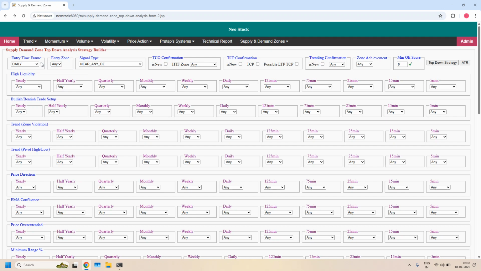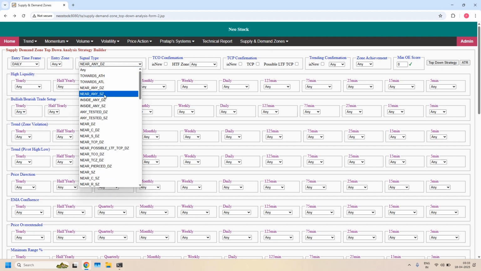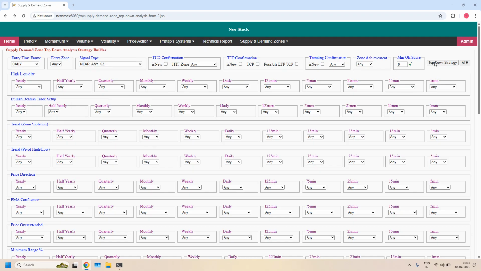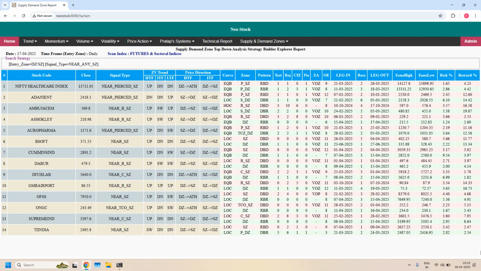Next, for entry time frame daily, let us find the stocks near to the daily supply zone. We got 14 stocks. Let us identify high liquidity daily supply zones from this list. Ambuja Cement is having a daily high liquidity supply zone.